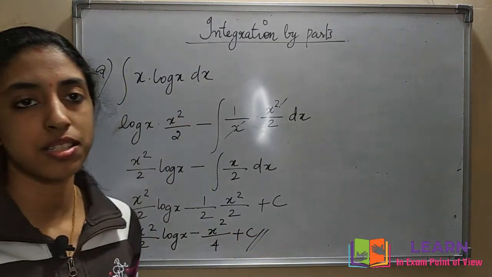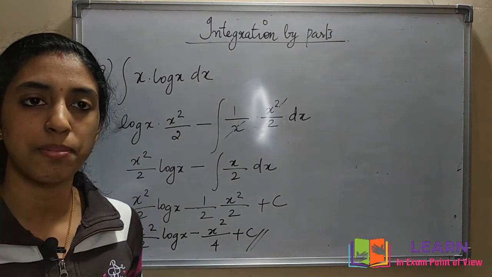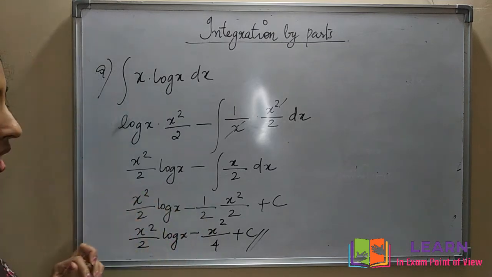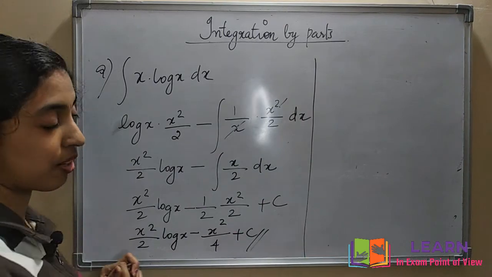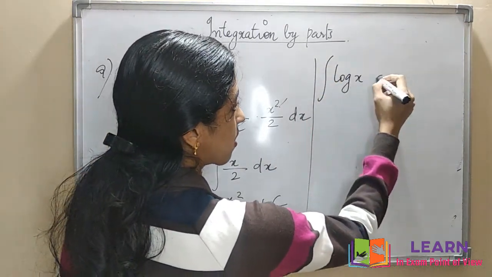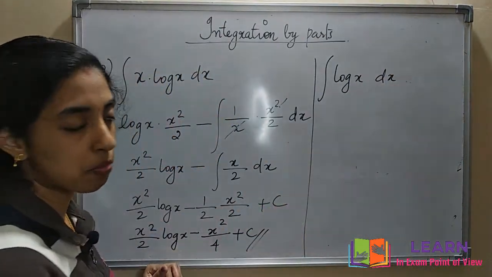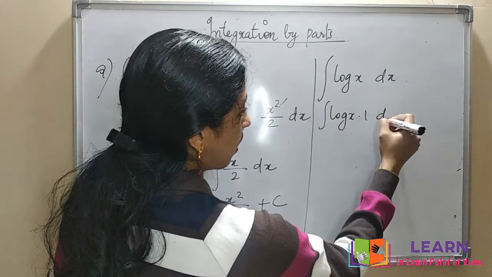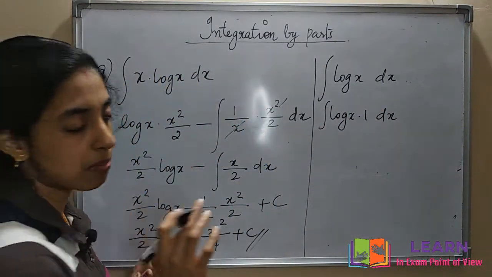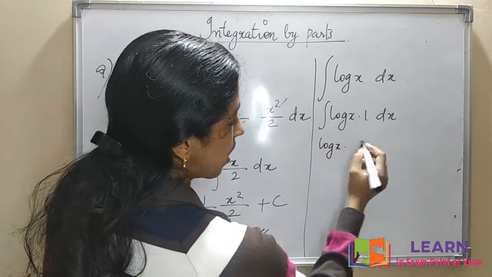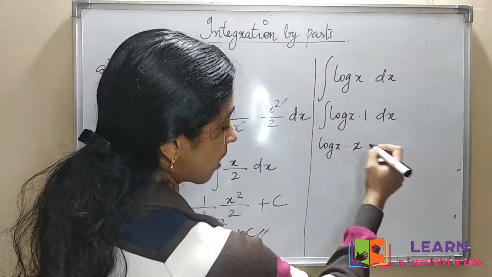Okay, so that is for the logarithmic function. If it is coming, take it as the first term, then x. Then for log x, how will you differentiate? Not differentiate, integrate. If it is just log x dx, we don't know a direct formula, so what will we do? Put a 1, that is 1 into 1 dx, then use integration by parts. The first function we take is log x. Integral of second, the integral of 1, is x.